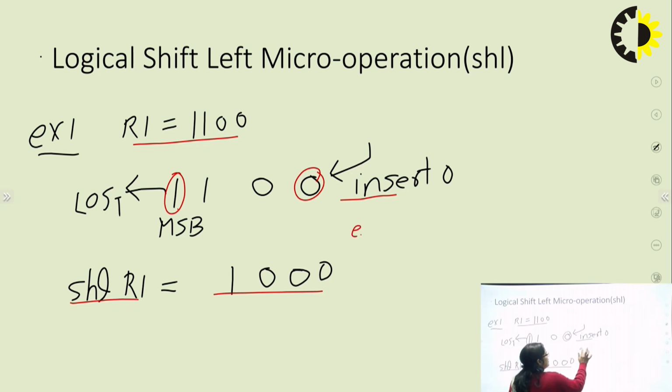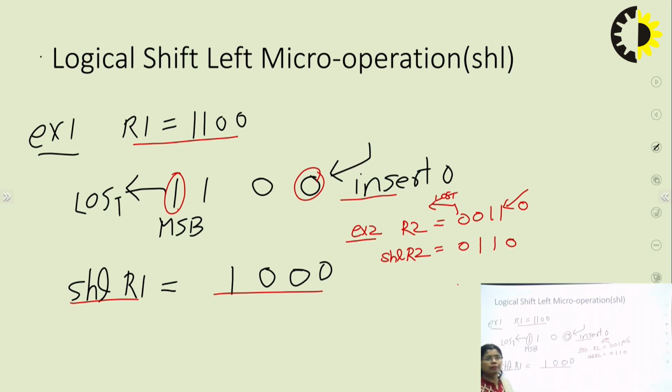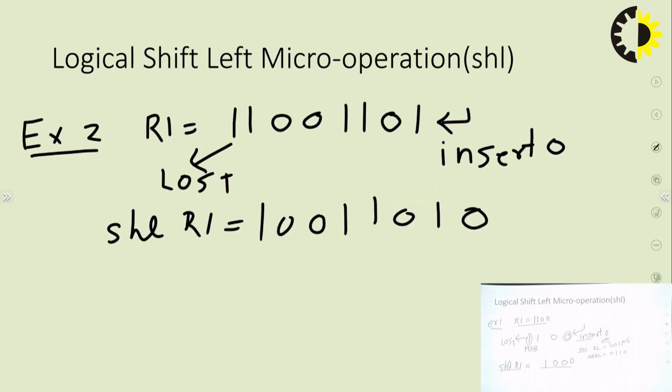Suppose I am taking the next example, R2 is 0011. If we apply logical shift left, 0 will be inserted at the LSB side and the MSB will be lost. So the result of SHL R2 is 0110, because the MSB will be lost and on the right side, the LSB side, a 0 will be inserted.